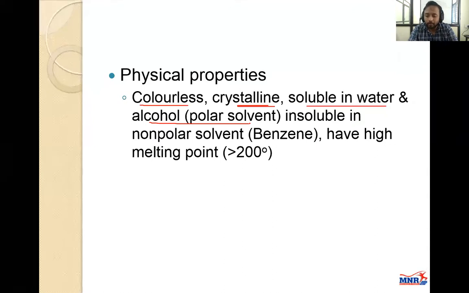The amino acids which are non-polar in nature will dissolve in non-polar solvents like alcohol. Okay, so some amino acids can be soluble in water, some can be soluble in alcohol, and insoluble in some of the non-polar solvents like for example benzene. Okay, and they have a high melting point, that is more than 200 degrees Celsius.